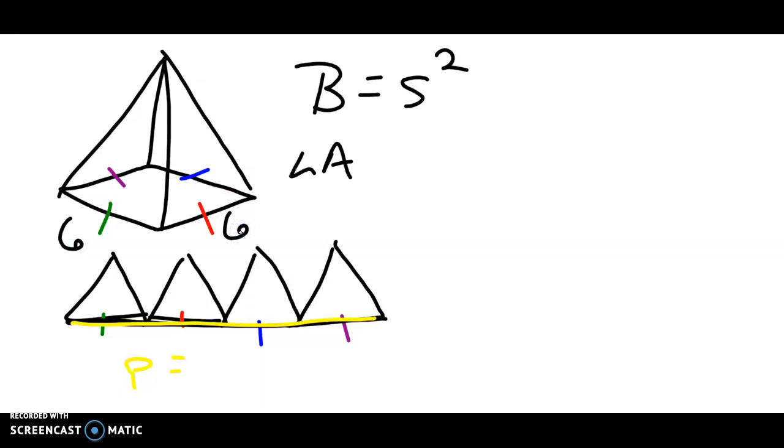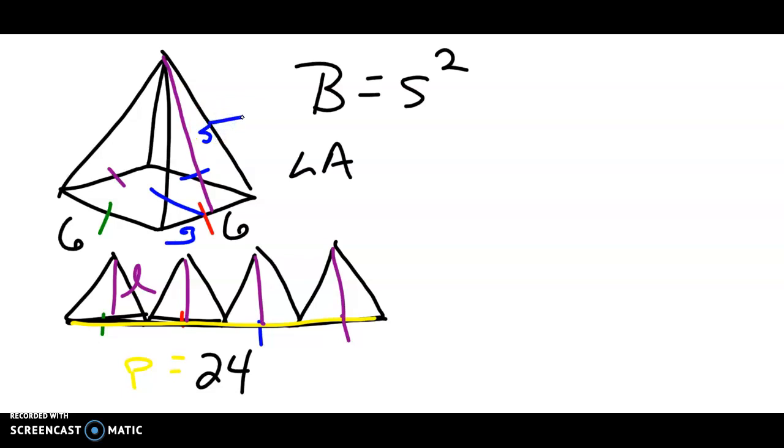So then the perimeter would be 24. Well, then we need the slant height, because that height right there is going to be the exact same height on each one of these things. So that's going to be our L, our slant height. And if we drew all this stuff in here, we could see that that would be a 3. We're going to say that the slant height here is going to be 5, just for argument's sake.